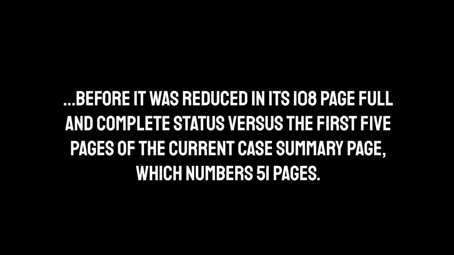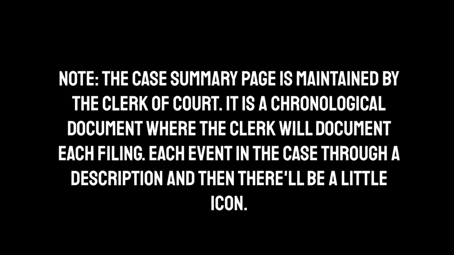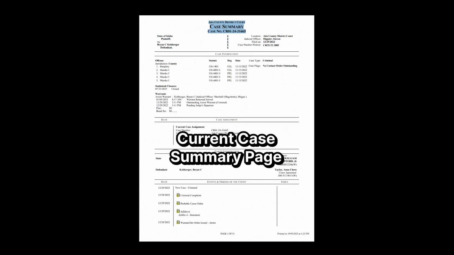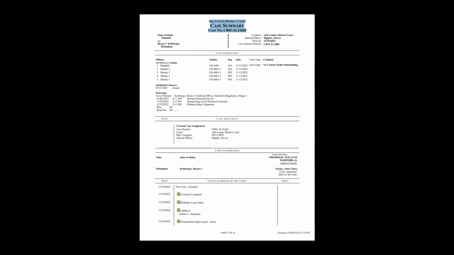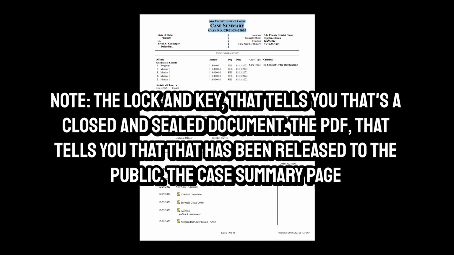By way of explanation, the case summary page is maintained by the clerk of court. It is a chronological document where the clerk will document each filing, each event in the case through a description. And then there'll be a little icon. It will either be a PDF icon representing the document or it'll be a lock and key icon representing the document.